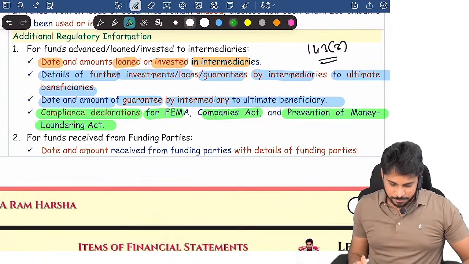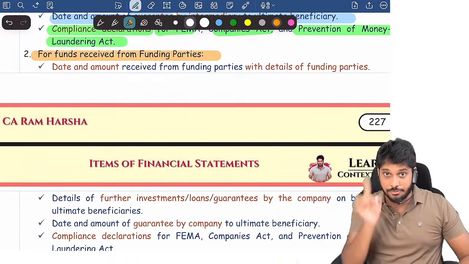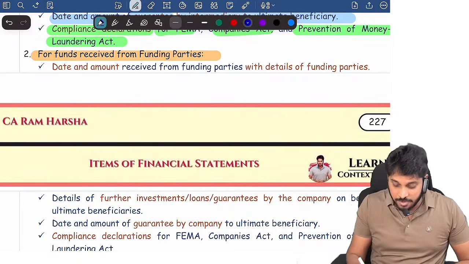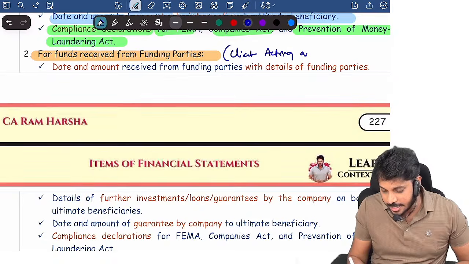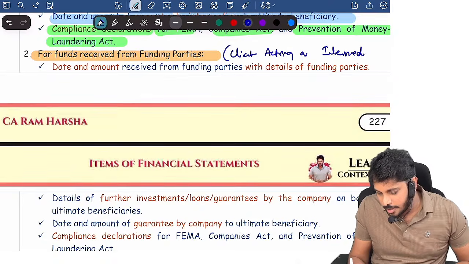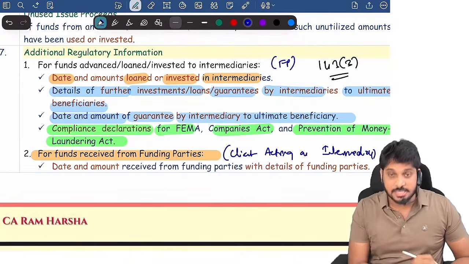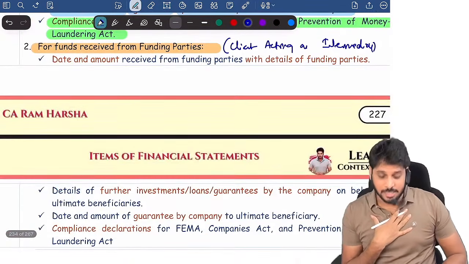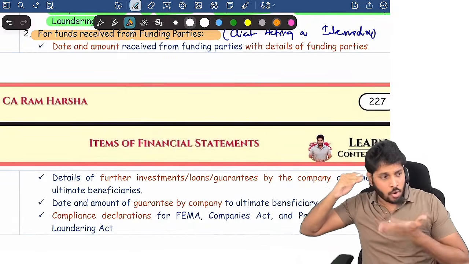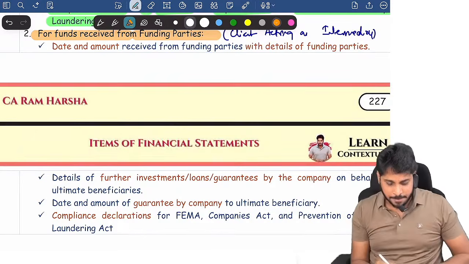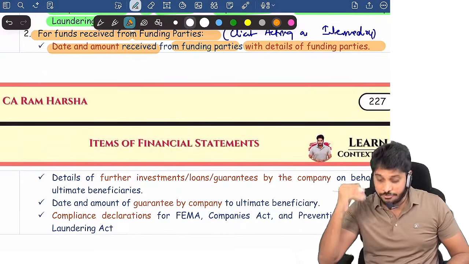Now, the second one, for funds received from a funding party. For example, our client is acting as an intermediary. Here our client is acting as intermediary, whereas there our client was acting as funding party. If our client is acting as intermediary, we should give details about who is the funding party and who is the ultimate beneficiary. Simple. Look at the date and amount received from funding parties with the details of funding parties.